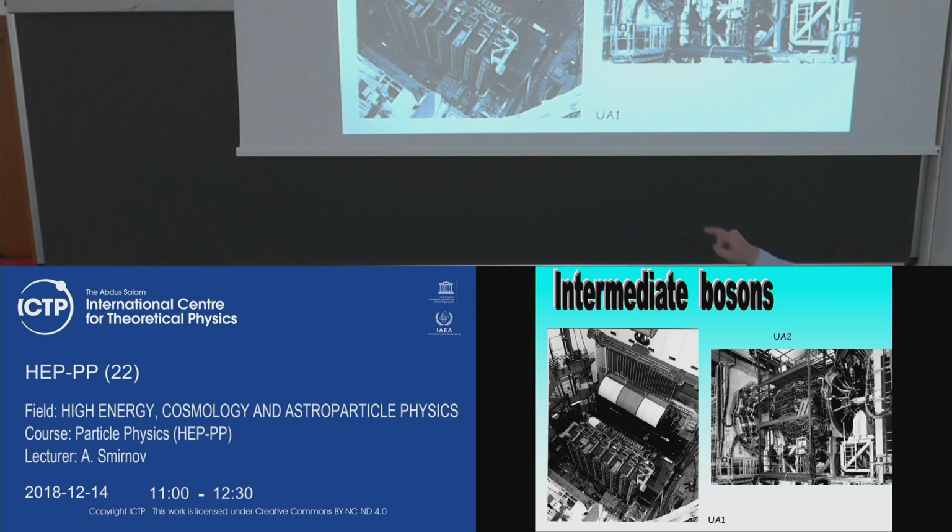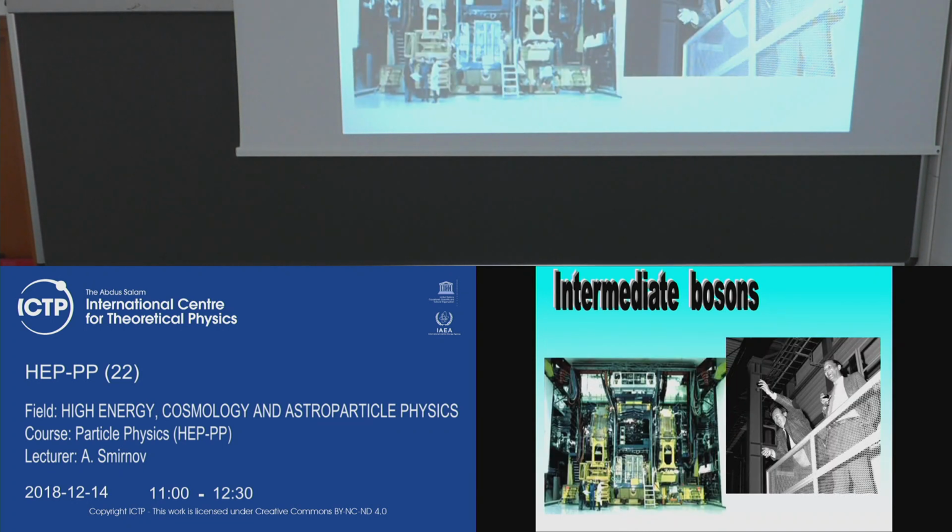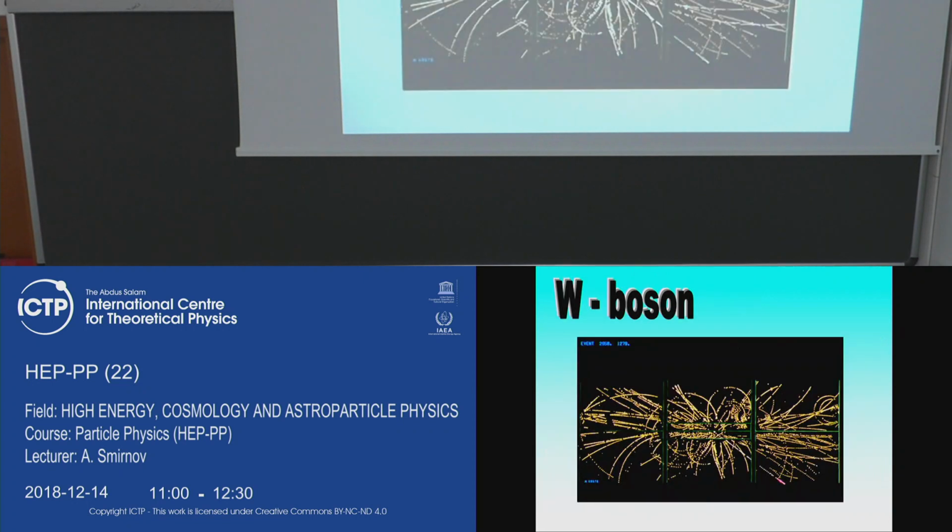But these detectors do not exist anymore. You see here UA1, which is under Carlo Rubbia, and this is UA2. That's already quite big scale, so here you see a person standing in the accelerator. So this is Carlo Rubbia, who is celebrating the discovery of the W boson and Z boson.